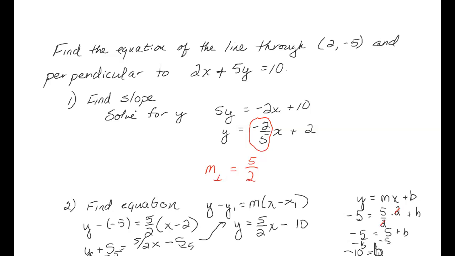And -5 minus 5 is minus 10. So we match up. We got a b value of minus 10. The one thing you have to remember when you use the slope-intercept form is that once you solve for b, make sure you write down your final answer. So y equals 5/2 x minus 10. And that would be our equation for that one.